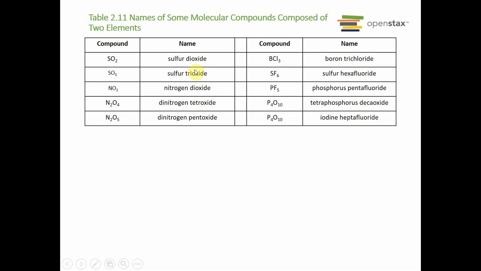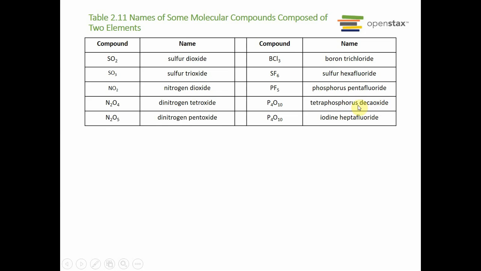So, here are some names of molecular compounds composed of two elements. Sulfur dioxide, sulfur trioxide, nitrogen dioxide, dinitrogen tetroxide, dinitrogen pentoxide, boron trichloride, sulfur hexafluoride, phosphorus pentafluoride, tetraphosphorus.